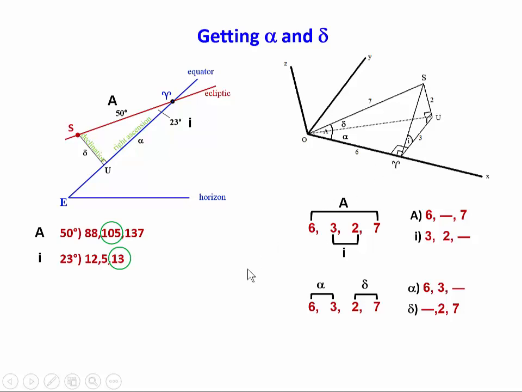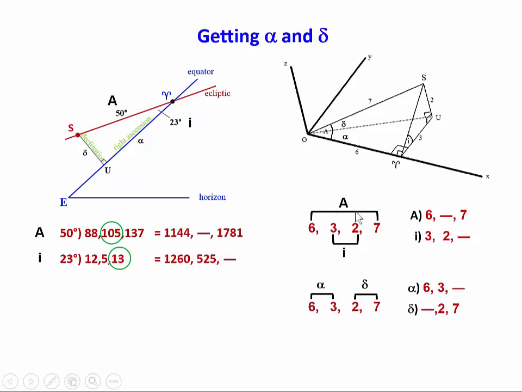So what we do to make them compatible is to multiply this one through by 13. Multiplying a triple by some number doesn't change the shape or the angle, so we multiply this one by 13 and this one by 105, and we get this and this. I've just put dashes here because I'm not interested in that.